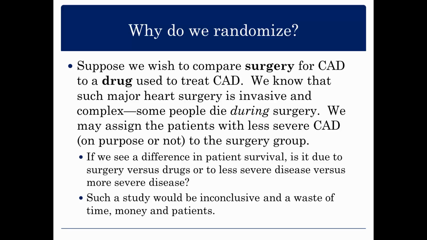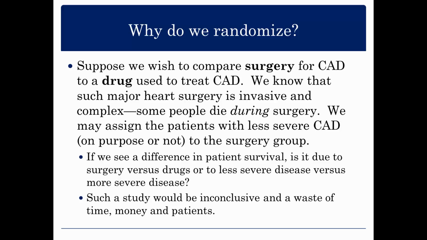So if we're having some kind of clinical input into how patients are assigned to treatments, we may, on purpose or not, assign patients with less severe disease to the surgery group because we think their chances of surviving the surgery are higher.